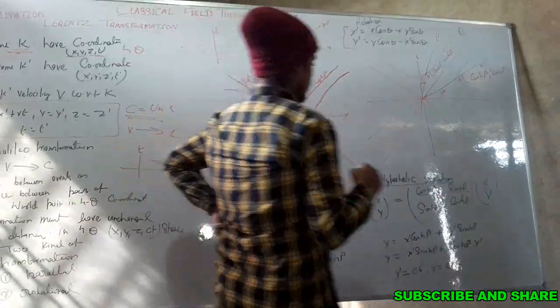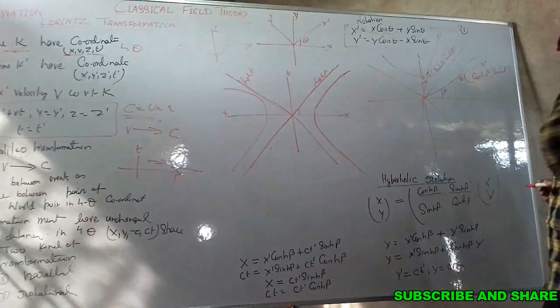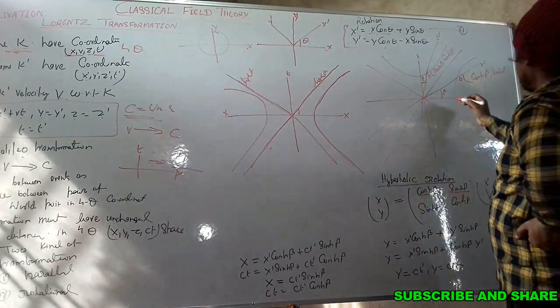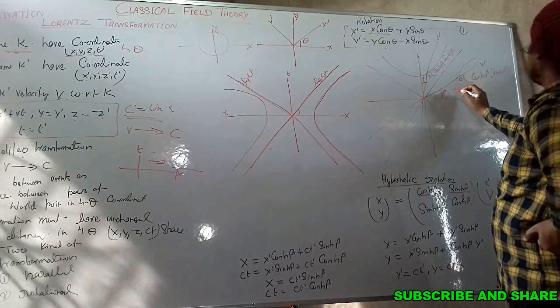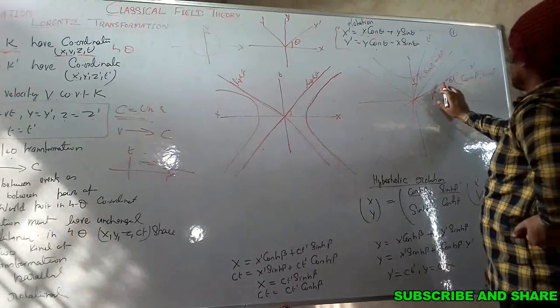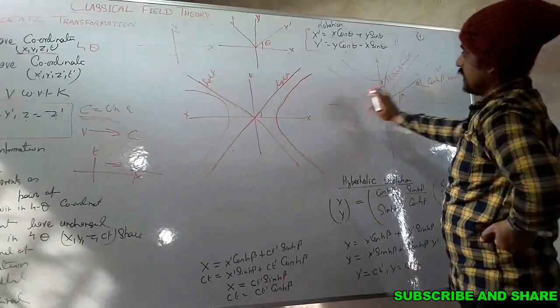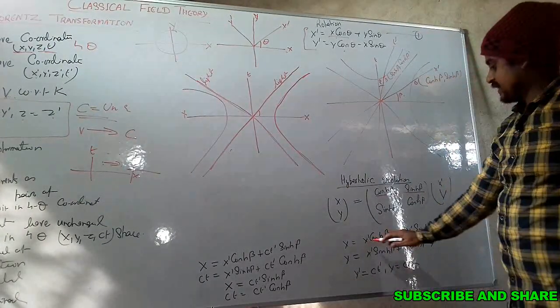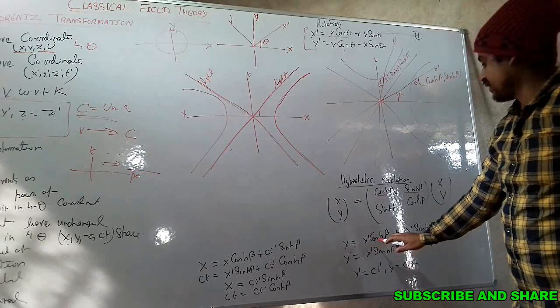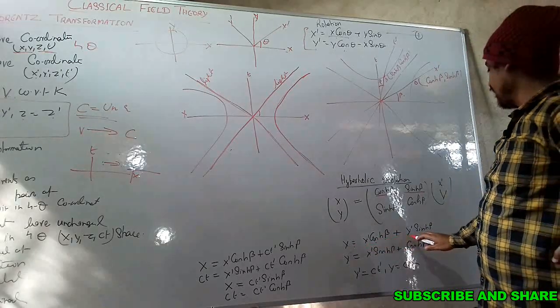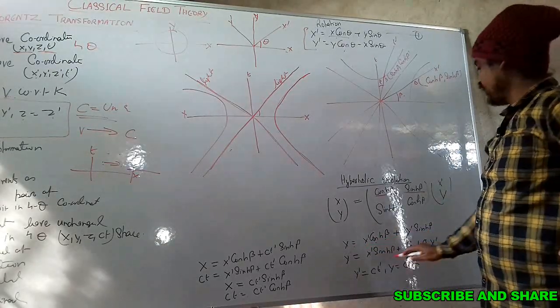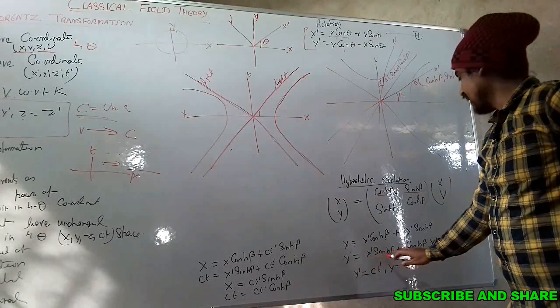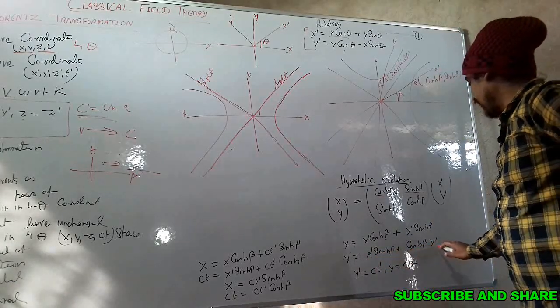Here beta is the angle of rotation in this hyperbolic case. It means x is equal to x dash cosh beta plus y dash sinh beta, y is equal to x dash sinh beta plus y dash cosh beta.